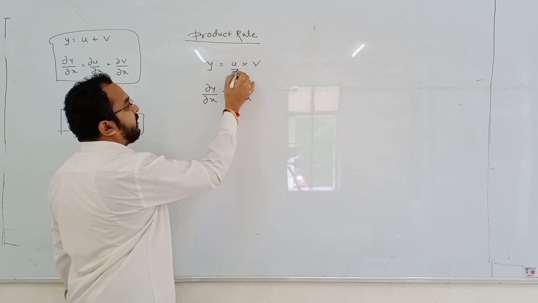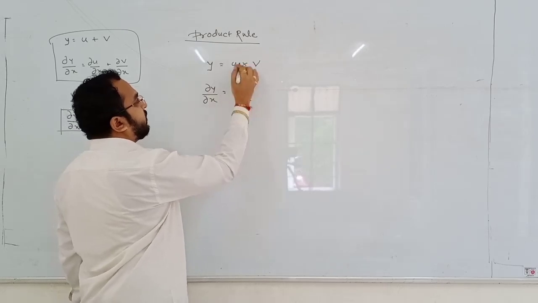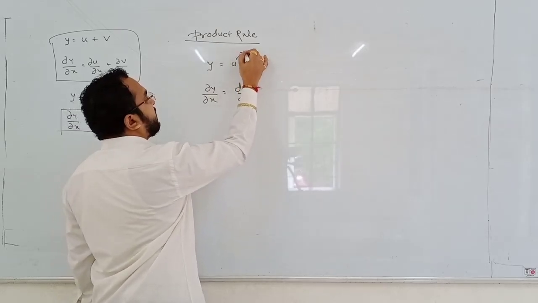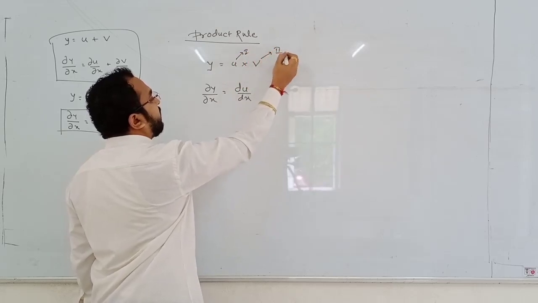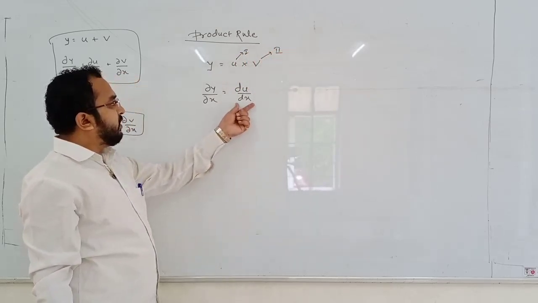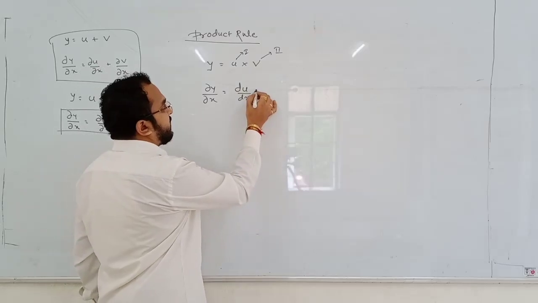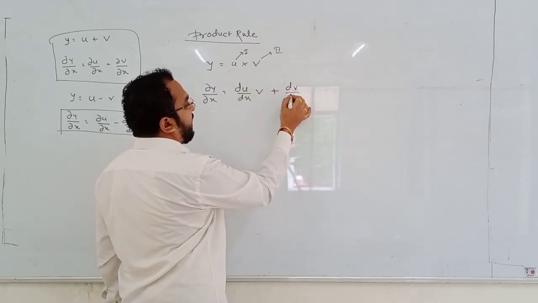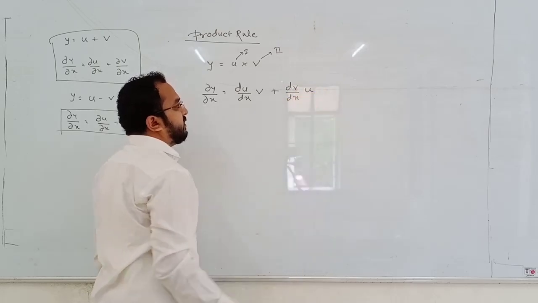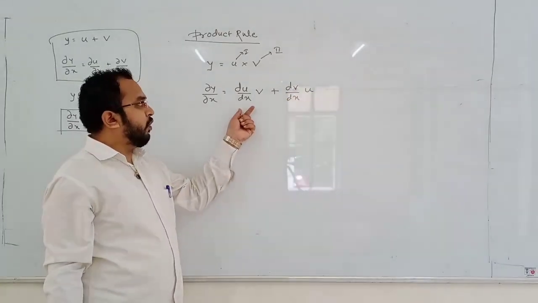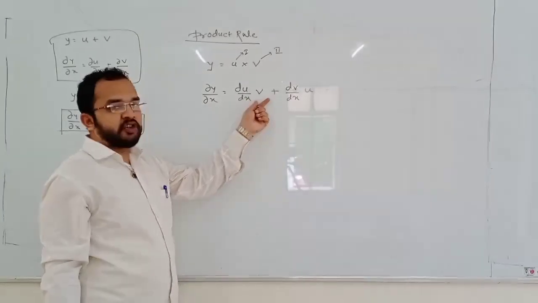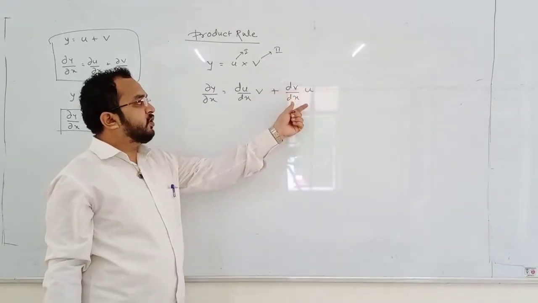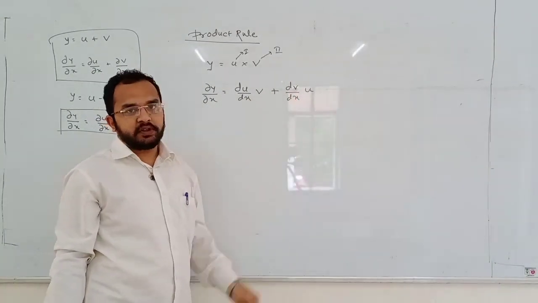Look, this is the first function. This one is first and this one is second. Differentiation of first, second as it is, plus differentiation of second and first as it is. Differentiation of first into second function plus differentiation of second into first function.